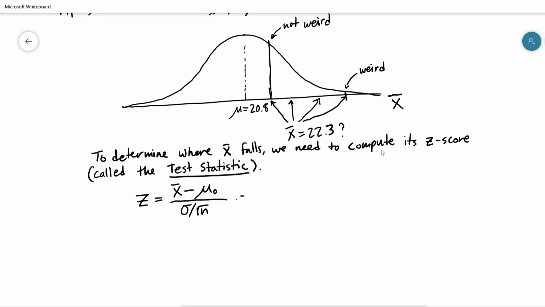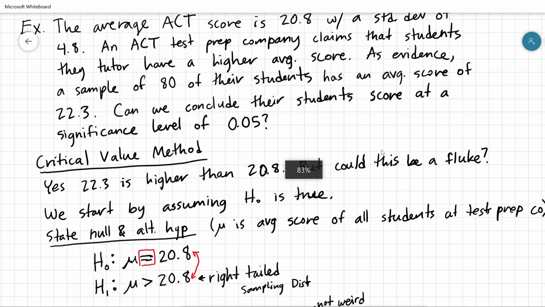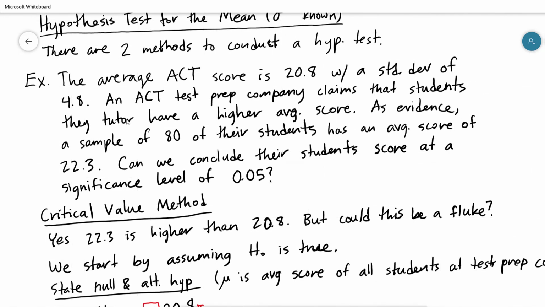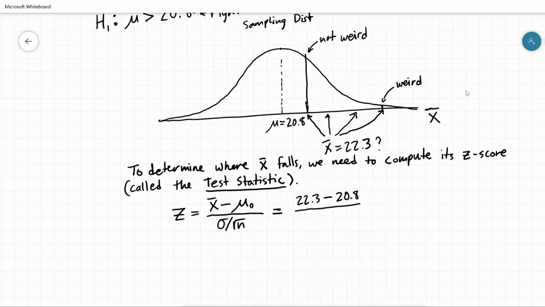When we actually plug in the numbers, x bar, that's the 22.3, I'm subtracting off the average, which was 20.8, and then I divide by sigma over the square root of n. Well, sigma was given in the problem, somewhere up here. Right, the standard deviation, right here, 4.8. And the sample size was 80, so there's my sigma and my n. So let's go back down to here.